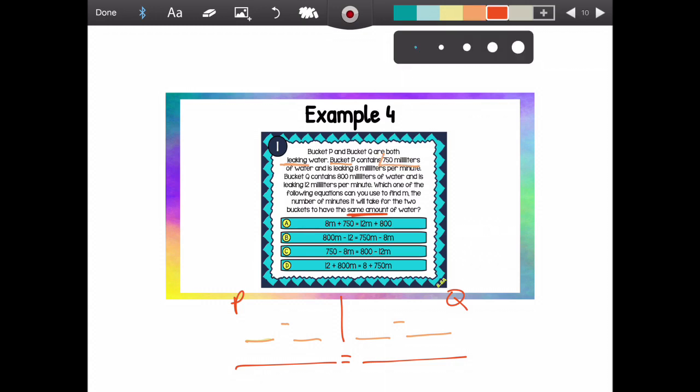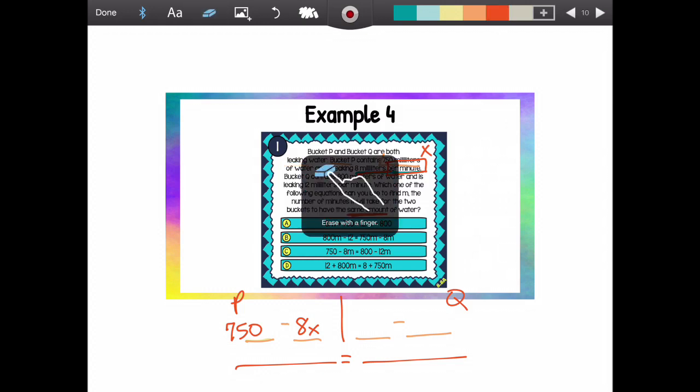So I'm going to put that here in bucket P. And again, we talked about subtraction because of leaking. And then it's leaking at a rate of 8 milliliters per minute. Okay, guys, we don't know the number of minutes. That's our variable, and our coefficient is 8 milliliters. So this is going to be 8x.